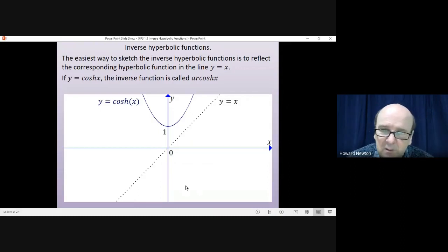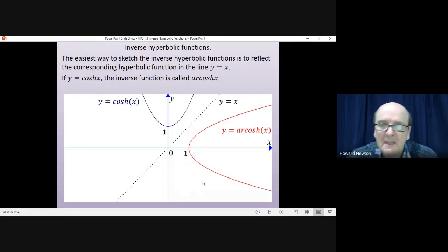Okay, let's have a look. So reflecting the curve in the line y equals x does give me that. The issue here is to do with the definition of functions, which is that a function should not be one to many. That means if I put in any value of x, I should only get one value for y out of the function. Graphically, it means I shouldn't be able to draw a vertical line that cuts through the curve twice, which I clearly can do here.